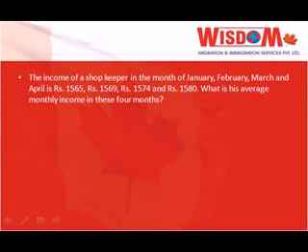So now let's see another problem. Now in this problem, it's pretty easy. We've been given the average income of a shopkeeper for the first 4 months. So let's suppose these are the first 4 months, January, February, March and April. Now we have to assume a number to be the average, as we have been doing in the past examples.